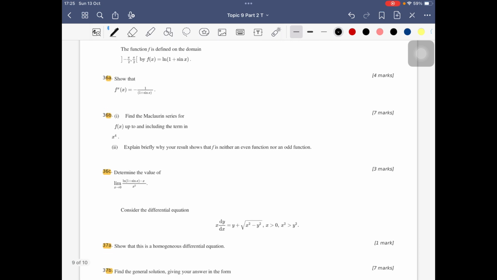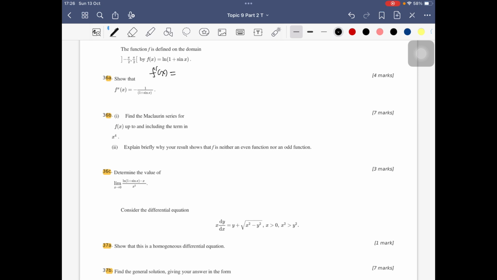And number 36, f double prime of x, yeah, we can show it, and up to x to the power of 4. So this is f double prime.